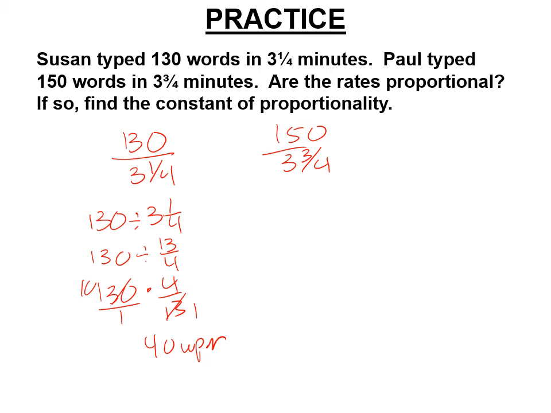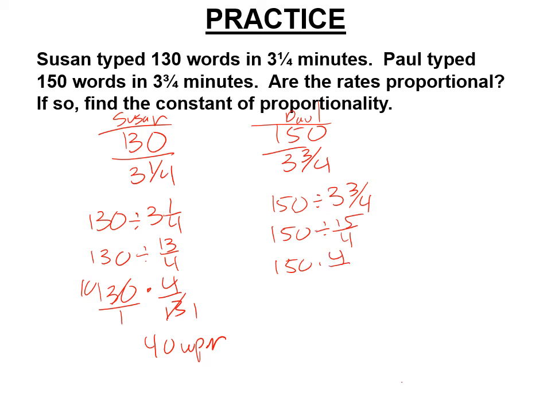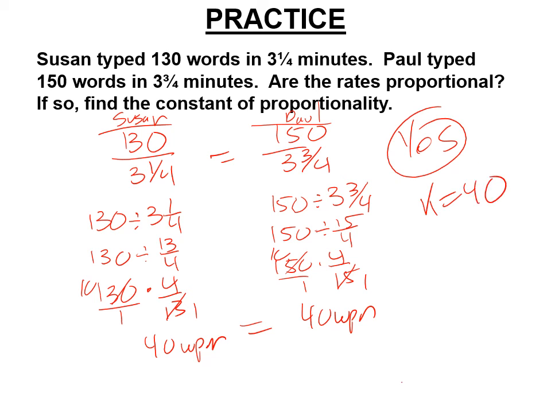Now we're going to do Paul over here. He's 150 divided by 3 3/4, which is 150 divided by 15/4, which is 150 times 4/15. And once again, we get 40 words per minute. So yes, they are equal. It's a yes, and k equals 40. The unit rate is 40 words per minute.